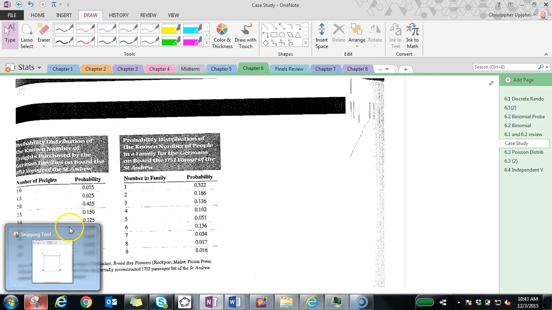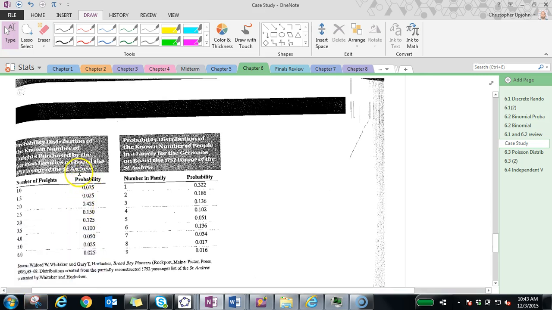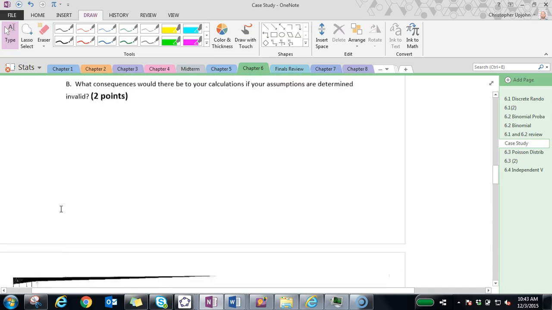Should be pretty easy. 4 is not more than 4, but 5 and 6 are. Then we want to find the probability that 5 out of 6 would get more than 4 freights. So we have a probability, we have an n, and we have an x. Figure out what it is. And this is a binomial distribution.